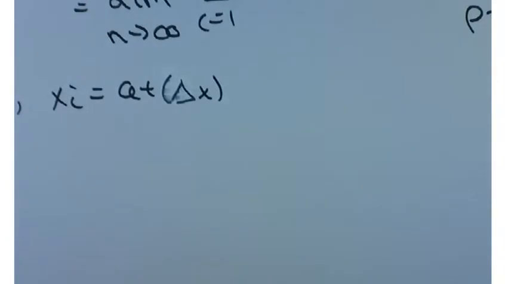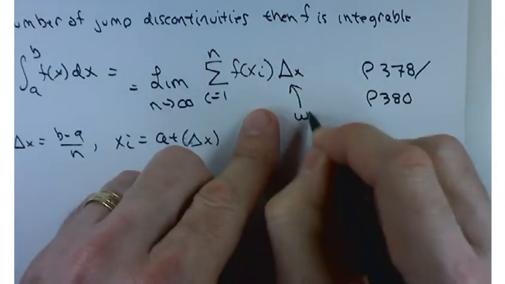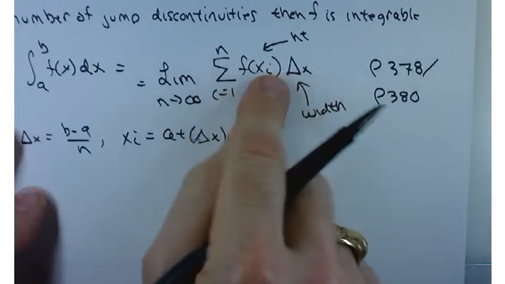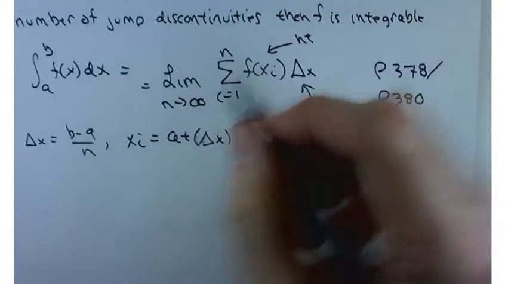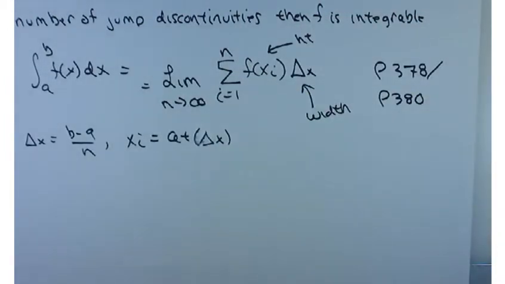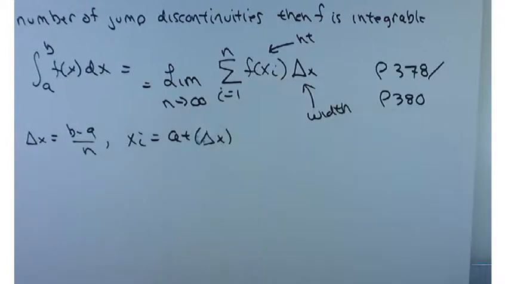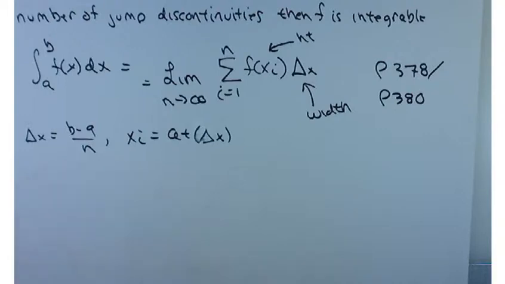And that's exactly what we have here in this sum: there's your width times the height. You've got to add that area up for all the rectangles, and that gives you an estimate of the actual area between the curve and the x-axis. Here, the width of these rectangles is just the width of your interval divided by the number of rectangles.